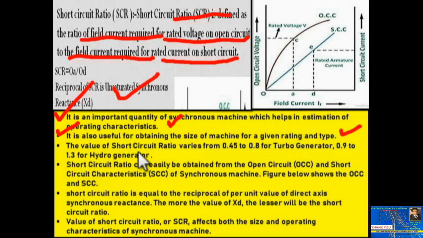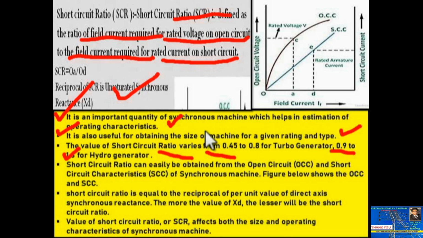The value of short circuit ratio varies from 0.45 to 0.8 for turbo generators. In some places you will find 0.5 to 0.9. And for hydro alternator or hydro generator it is between 0.9 to 1.3, and in some places 1 to 1.5.